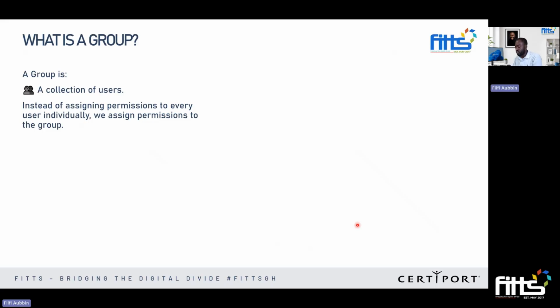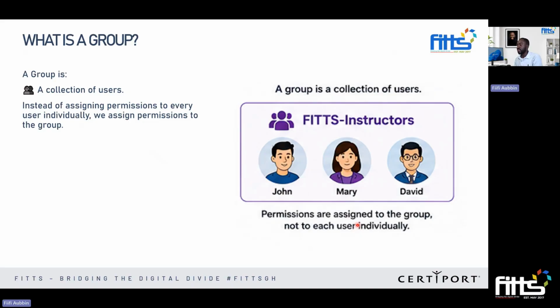That is one group, let's say the Datsons. Whatever permission we assign to that group, once you are part of that particular family, that permission is inherited.